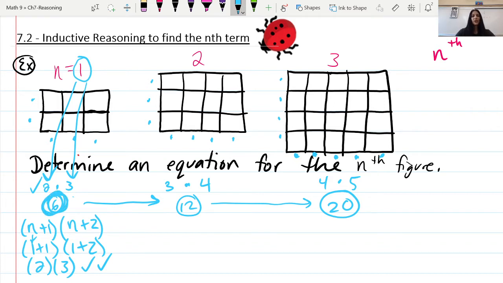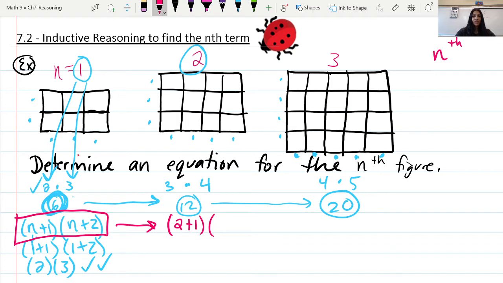Now I want to test it out with this next one. If my figure number here is 2, does my equation, which I'm going to put a box around here, work? Let's test it. If it's n plus 1, the n in this case is 2, so it would be 2 plus 1, times n plus 2, so it would be 2 plus 2.